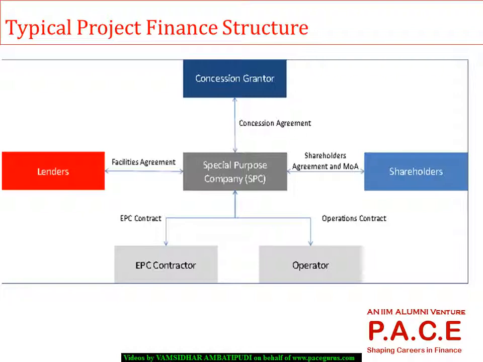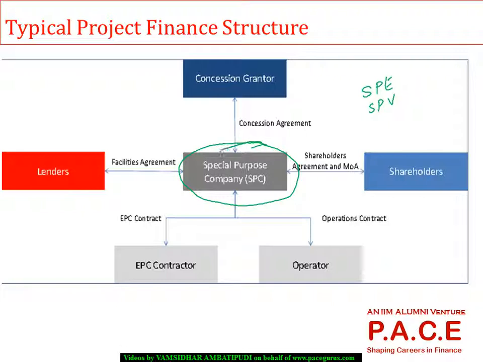Typically, just to give a basic theoretical aspect of any project financing model, most of the projects today have an SPV created. The sponsor is creating the SPV or SPE, special purpose entity or special purpose vehicle, that will be taking care of going ahead with the project. So they get into various agreements with various parties.